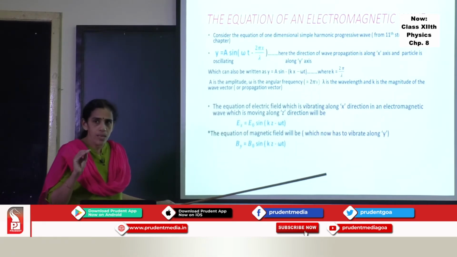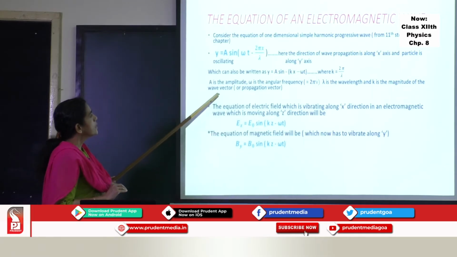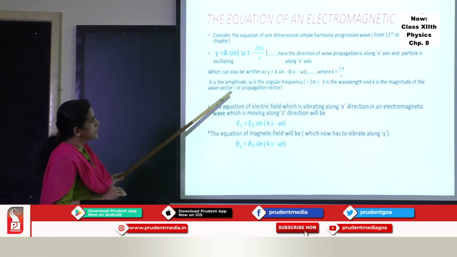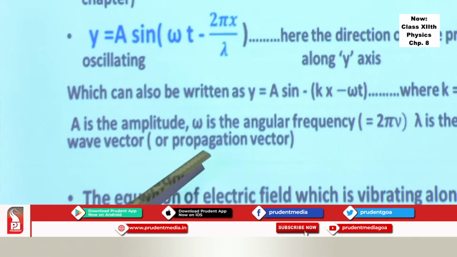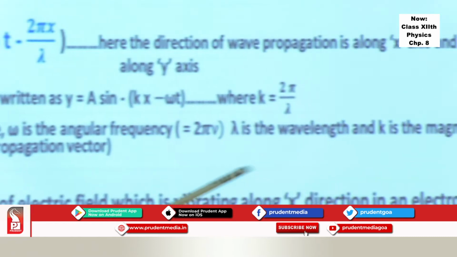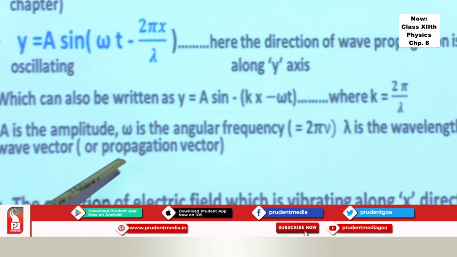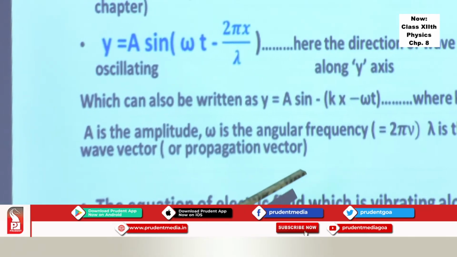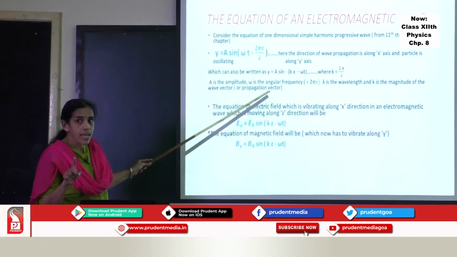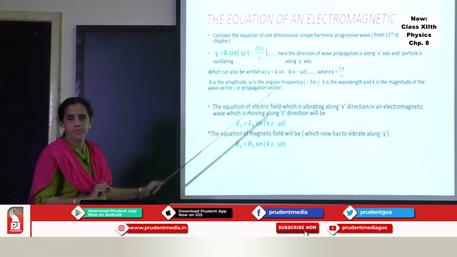That is the usual way it is written, and k is called the wave vector or propagation vector. K is the magnitude of the wave vector. What is k? 2 pi upon the wavelength lambda.